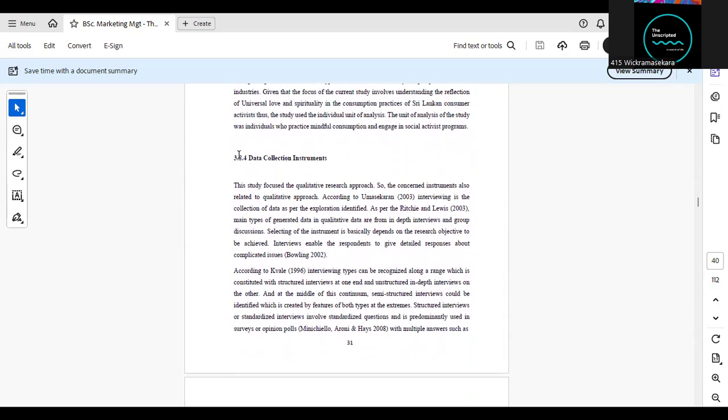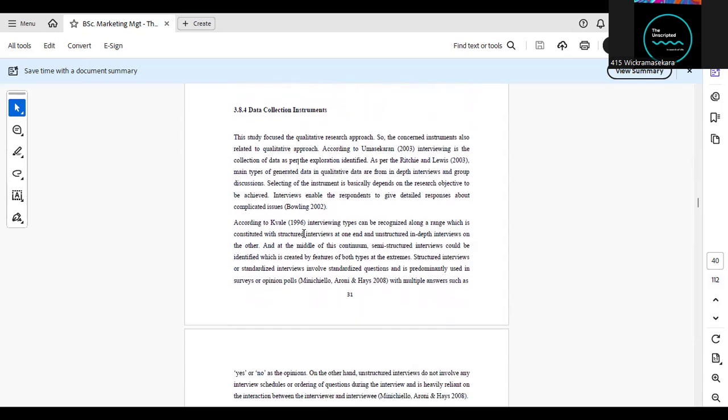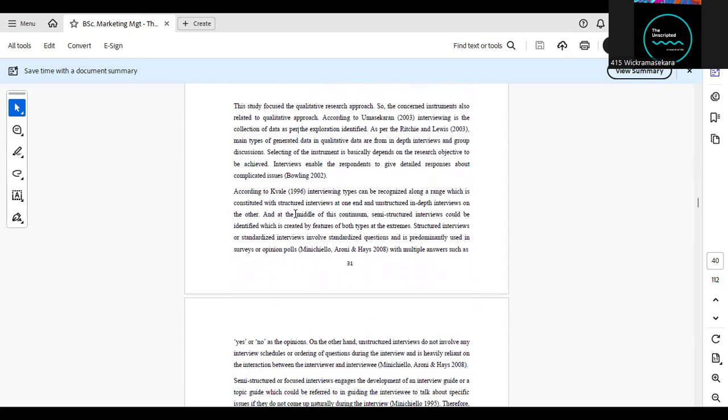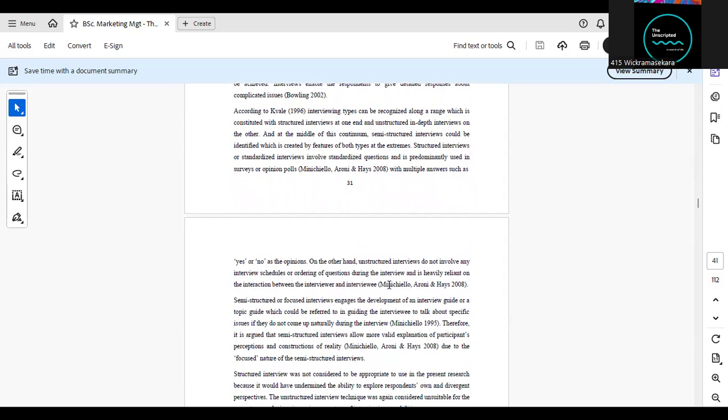And then the instrument of data collection is, like I said, the interview guide, right? The interviews will be supported by an interview guide. There are also three types of interviews: structured, semi-structured, and unstructured interviews.